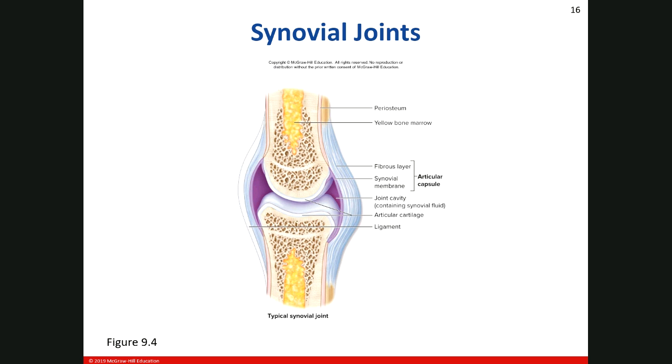We'll talk about that more in chapter 16, and in chapter 14, but it also will monitor the amount of stretch that goes on in a joint. If the joint is getting stretched too much, we'll invoke the stretch reflex to prevent damage. Really cool, we'll talk about that. And then also you got blood vessels, because we have to supply nutrients to all these structures in here. So now what we're going to do is take apart all these different components here, and address them one by one.